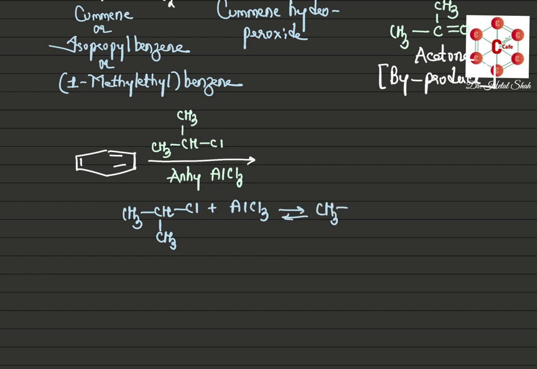What do you think you get? You get CH3, CH, CH3 plus, let me put plus here, plus AlCl4 minus. This is your electrophile that you generate.